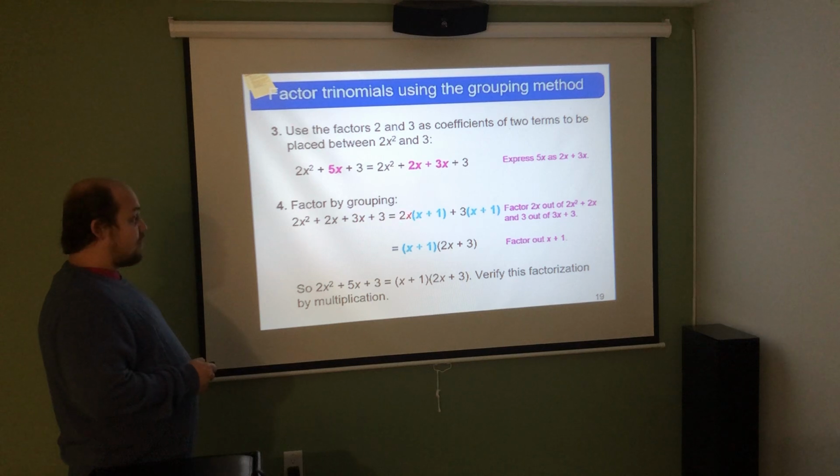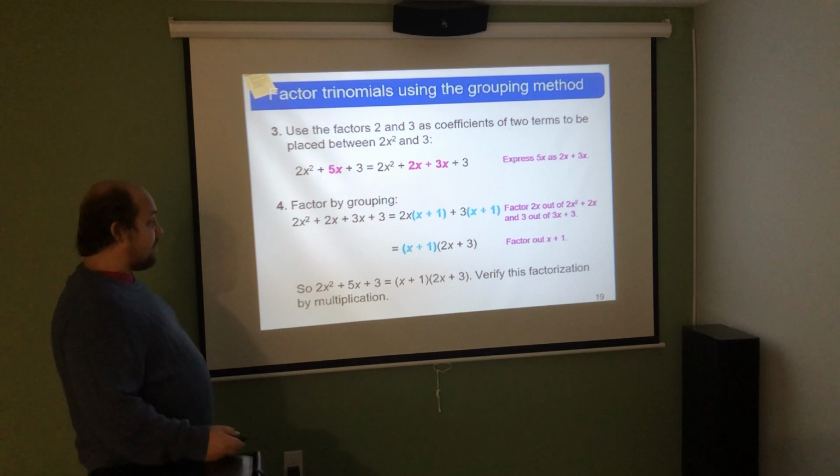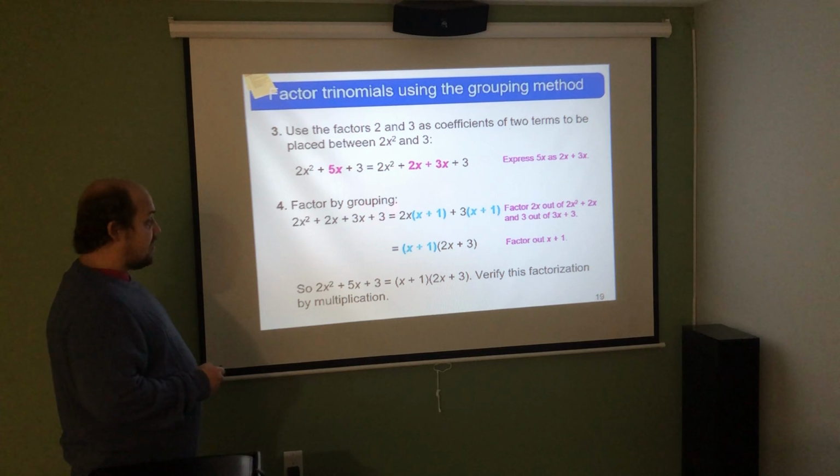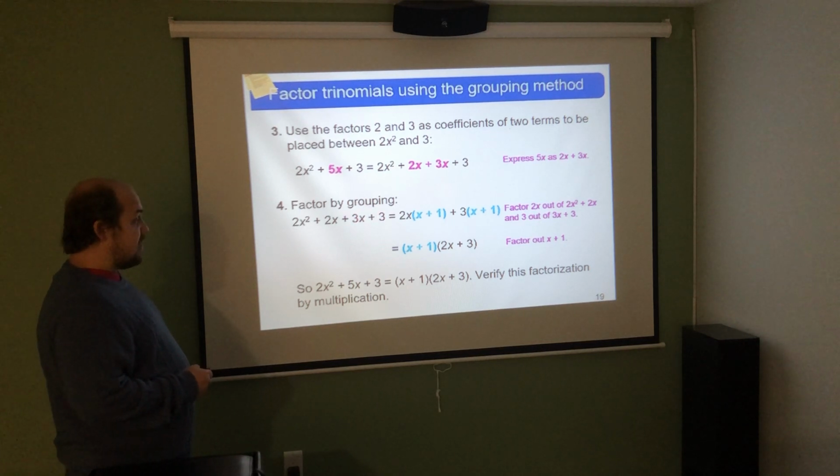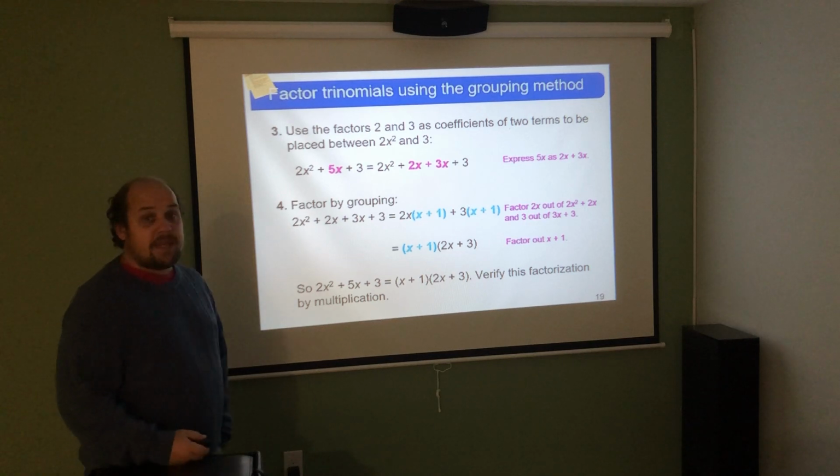When I divide 2x squared by 2x, I'm left with x. When I divide 2x by itself, I'm left with a positive 1. 3 is the largest thing that can come out of 3x plus 3. When I divide 3x plus 3, I get x. When I divide 3 by 3, I get 1. So this x plus 1 is the correct repeated factor.